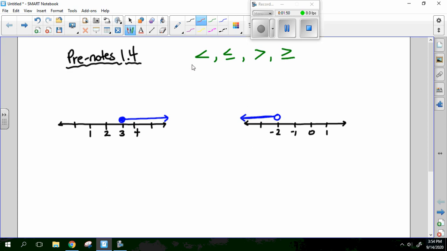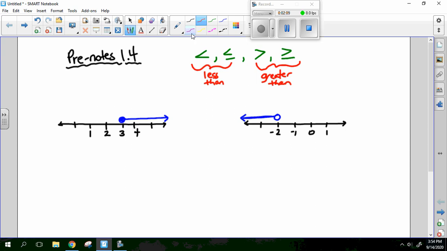Make sure that you know that these two are the less than ones, and these two are the greater than ones. Now I'm going to write an inequality that goes with this graph.